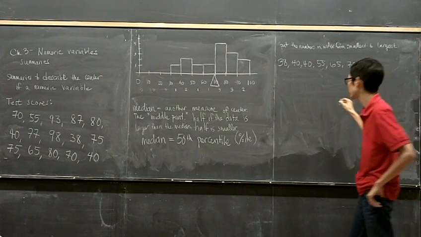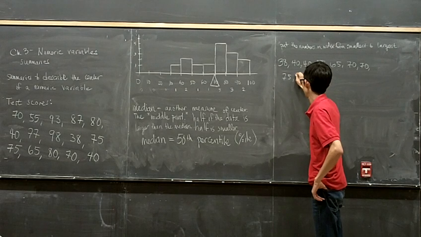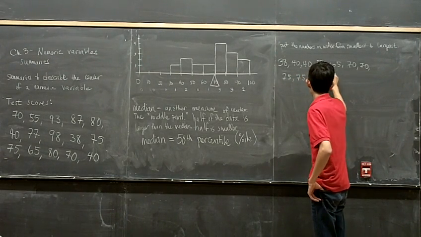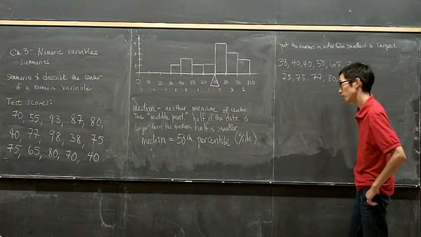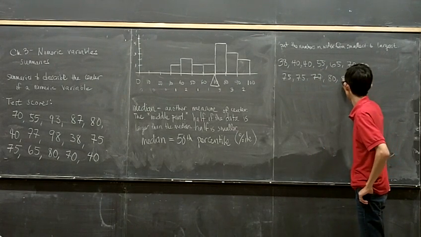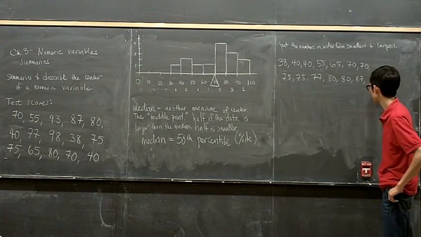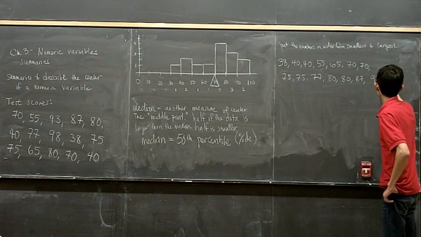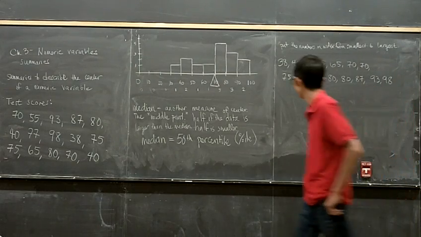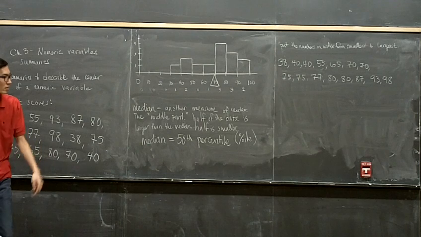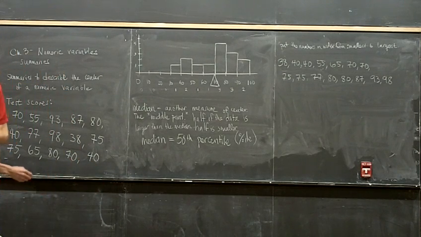And then a 75, 70, 75, 77, an 80, 87. There's two 80s, an 87, 93, and 93, and 98. Okay, I think that's everyone. There should be 15 numbers there. Okay, great. So they're in order from smallest to largest.